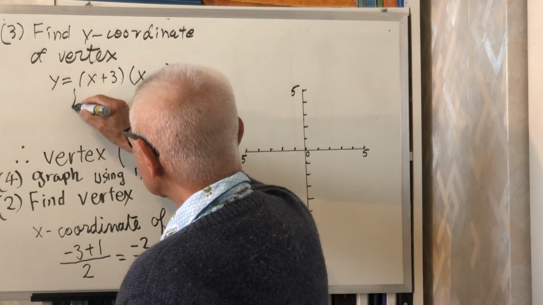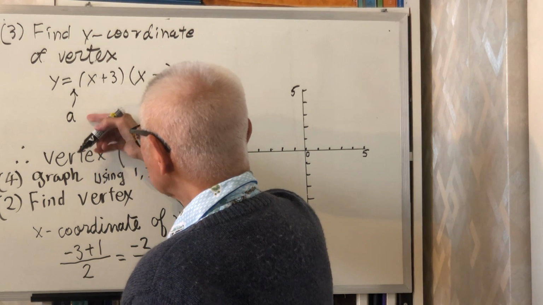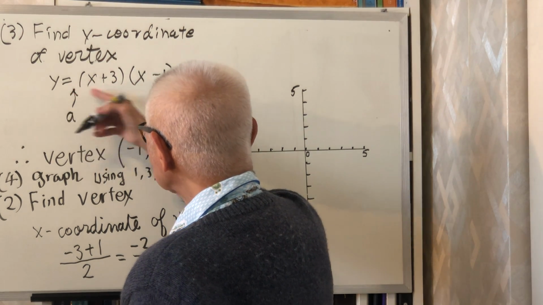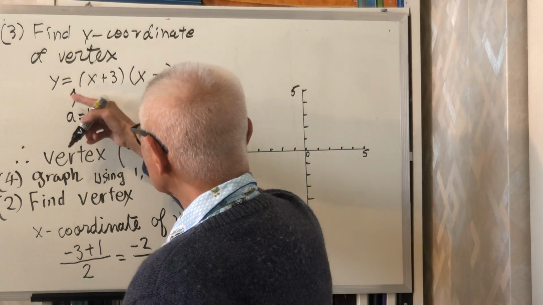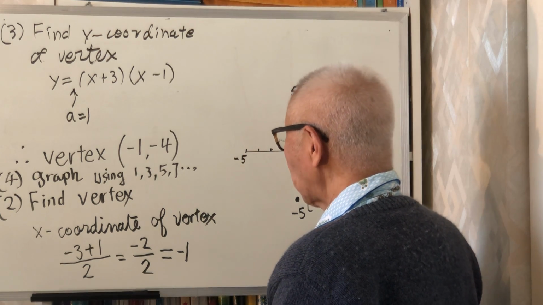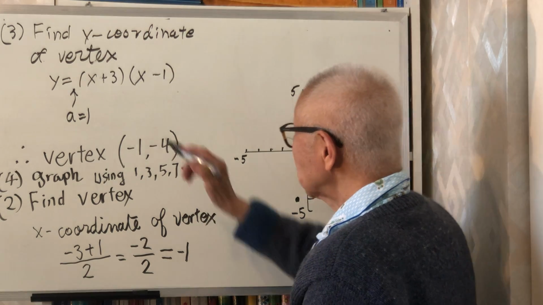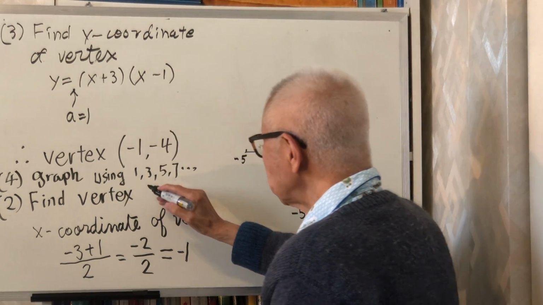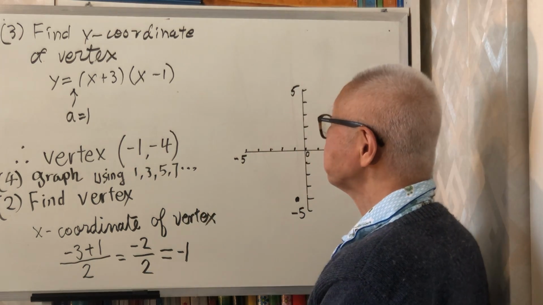So here is the general expression. I use a, but in this example, a is 1. So this is easier to graph because I now use 1, 3, 5, 7. If a is 2, I need to multiply all these odd numbers by 2.